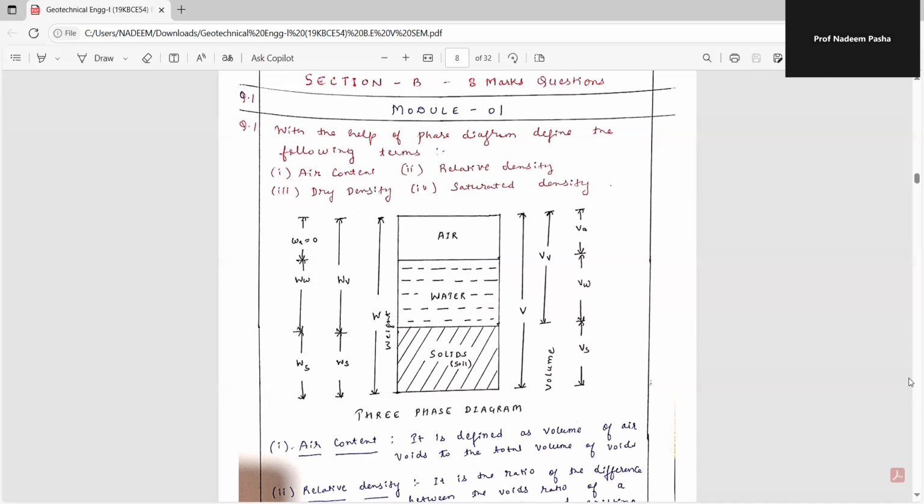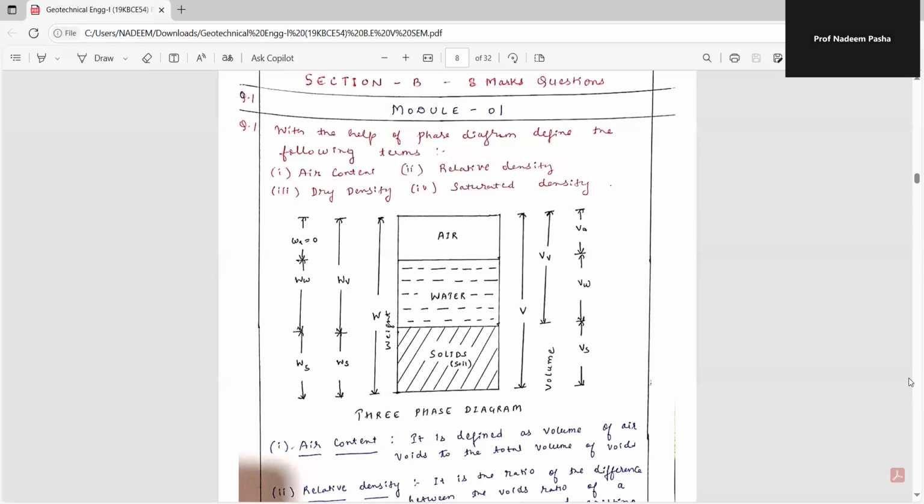If you separate it out, it will be volume of air Va, volume of water Vw, volume of solids Vs. Similarly, weight of air Wa, weight of water Ww, weight of solids Ws. But Wa is equal to 0 because the weight of air is 0. So Ww becomes equal to Wv, that is the weight of voids. Similarly, on the right side, air plus water gives the volume of voids. The entire is volume V.